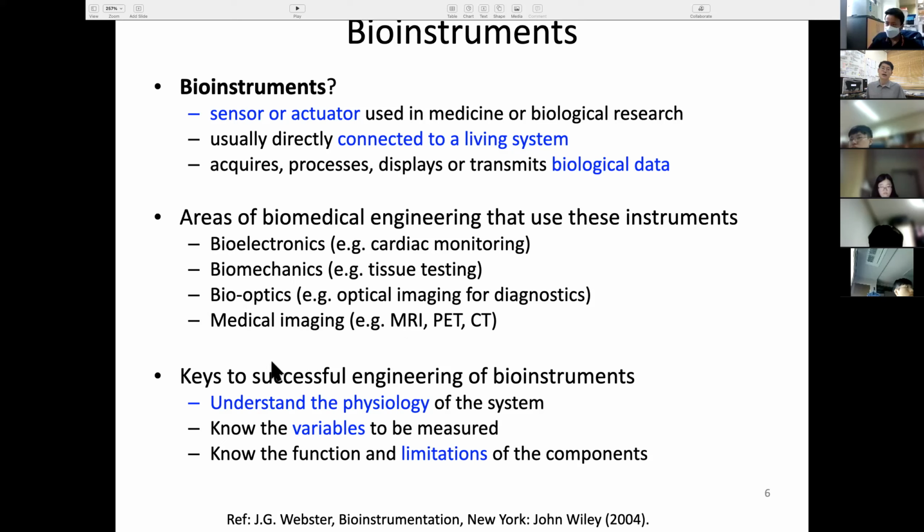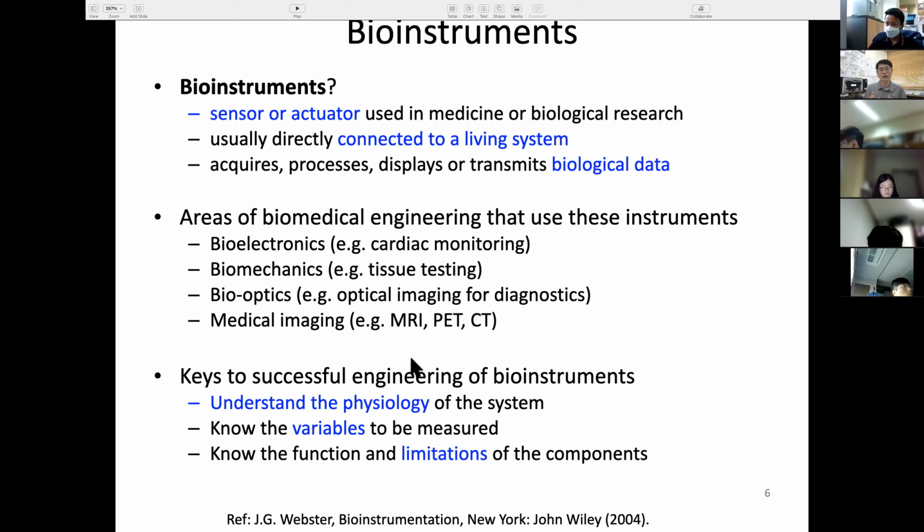So what are the most important keys to successfully engineering a bioinstrument? From the industry point of view, we have developed many of these instruments. Now the application is for bio or human medicine.